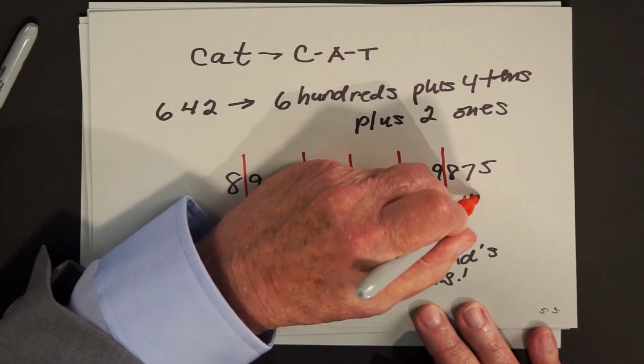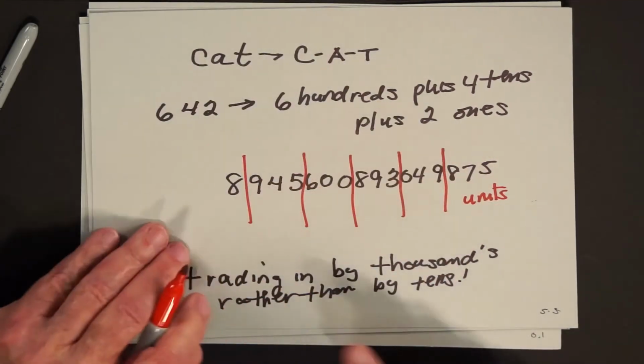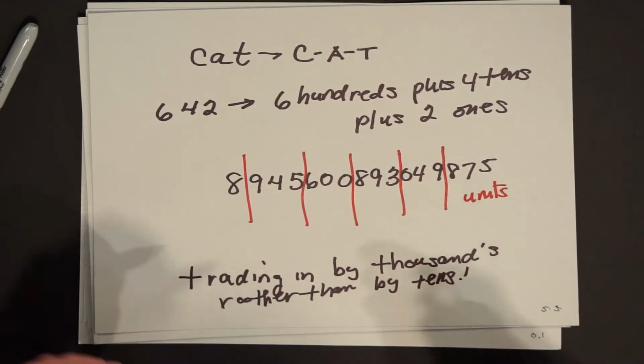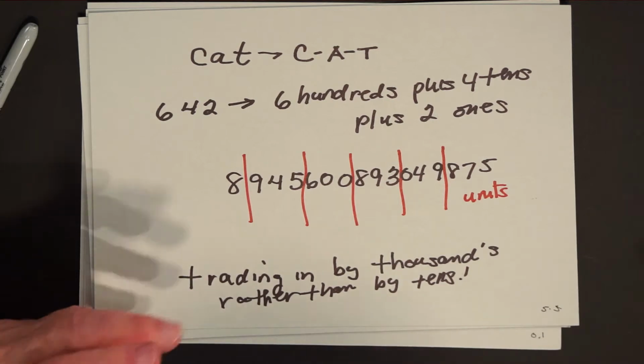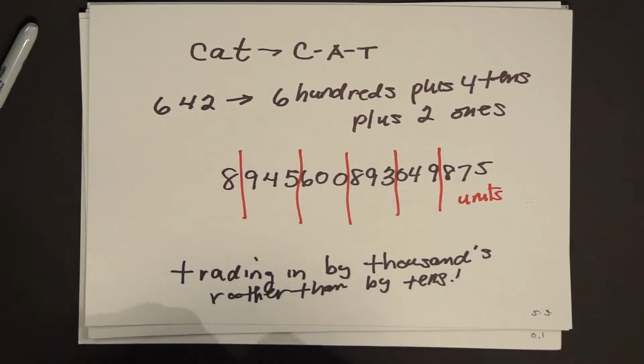These were called the units, meaning whatever number this was, it was modifying a particular unit. It could be this many grains of sand, this many whatever, okay? So we had to invent new names. And so what we did was we essentially started trading in by thousands rather than by tens.